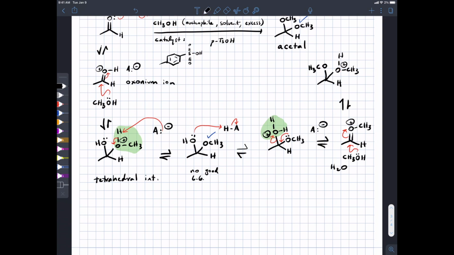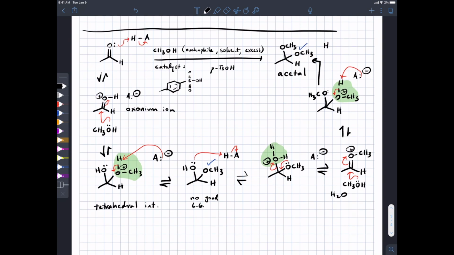Of course, at this stage, we could have lone pair electrons kick down and kick off this leaving group. Or we could use the conjugate base of our acid to remove the proton from that leaving group to convert it into not a good leaving group. And that would also regenerate our acid.